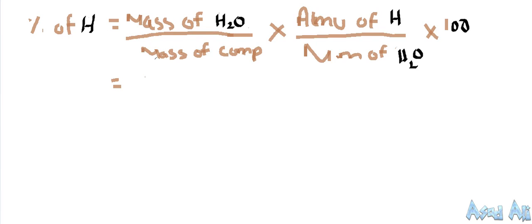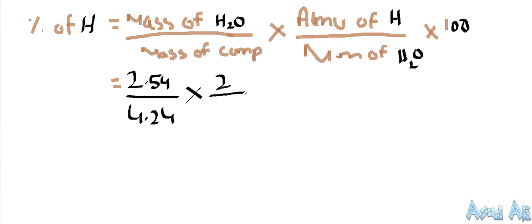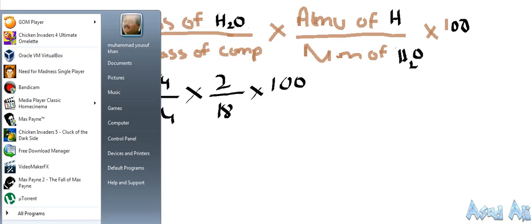The mass of H2O produced is 2.54 gram. The mass of compound is 4.24. You multiply it by the atomic mass of hydrogen, which is 2, over the molecular mass of H2O, which is 18. Now multiply it by 100 and we will get the percentage.